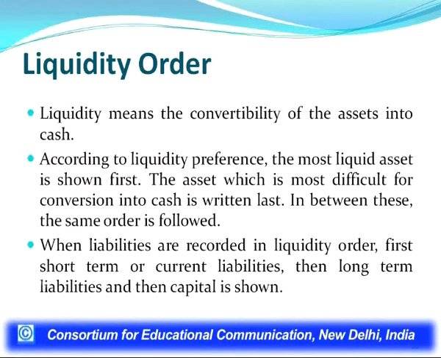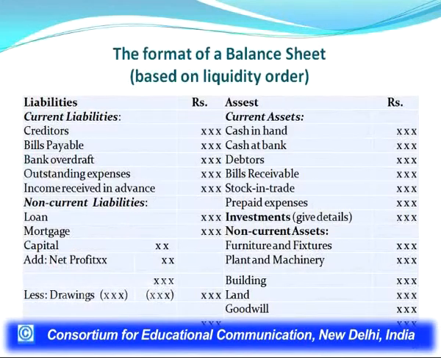If we put the different assets and liabilities in the proper format of balance sheet in liquidity order, we will find it like this. So, this is the format of a balance sheet based on liquidity order. On the asset side, we have shown current assets first, and even in current assets, we have shown cash in hand first, most liquid, then cash at bank, which can be withdrawn from the bank any time, then debtors, bills receivable, stock in trade.